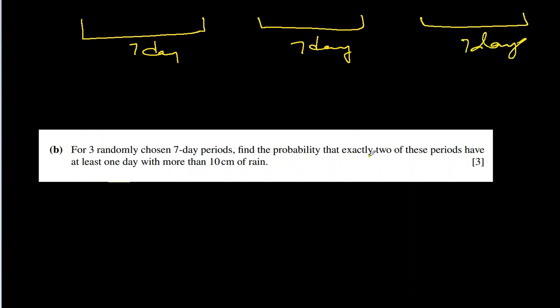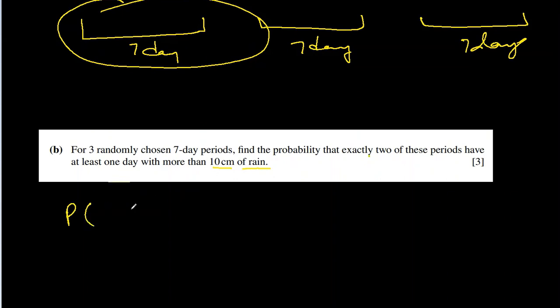Find the probability that exactly any two of these periods have at least one day with more than 10 centimeter of rain. At least one day each one. So that means let's focus on only one first and find the probability of rain of more than 10 centimeters on at least one day, which means x is greater than or equal to 1 this time.